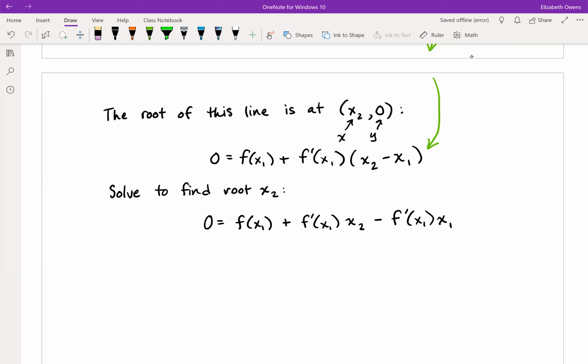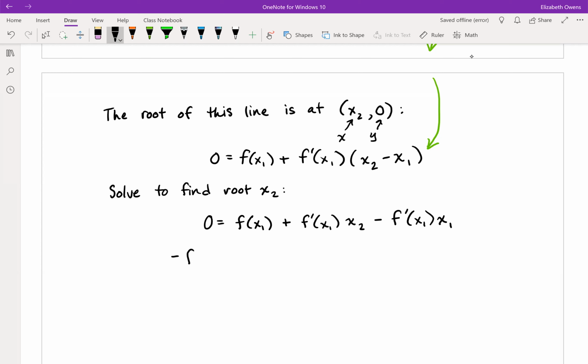And now let's get x2 to one side of the equation. I'll move this over by subtracting.